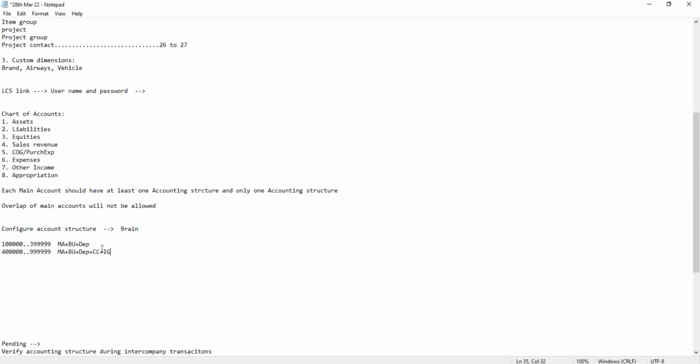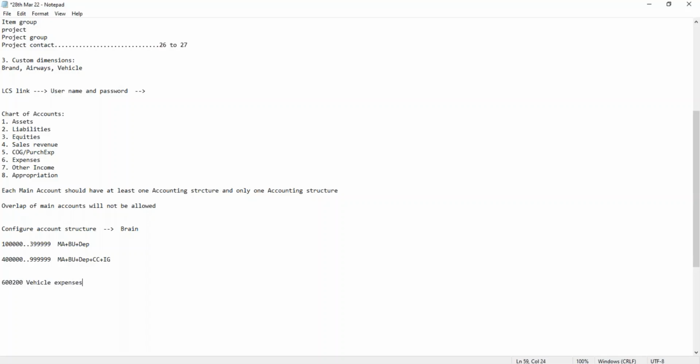Now, this one I want vehicle expenses. The vehicle expenses account is 600200.